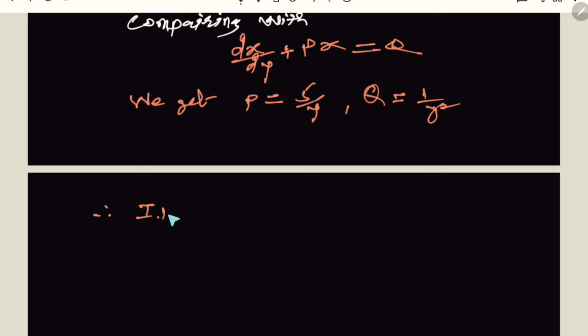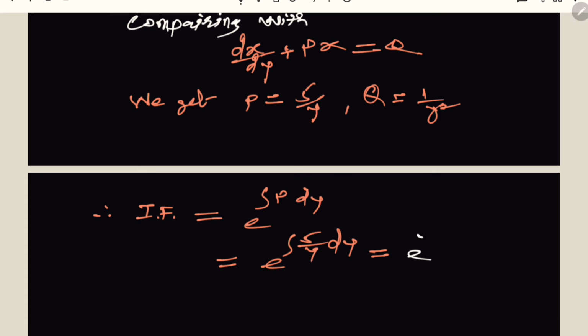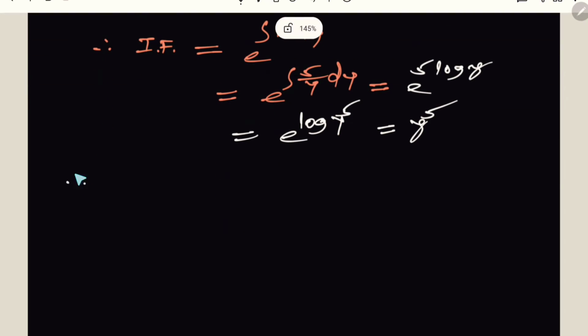After getting these two values, we find the integrating factor, nothing but the multiplying factor, as e raised to the integration of P with respect to y. Here it is the integration of 5 by y with respect to y. It is e raised to 5 log y. As per the laws of logarithm, it becomes e raised to log of y raised to 5. E and log get cancelled. We get the integrating factor as y raised to 5.